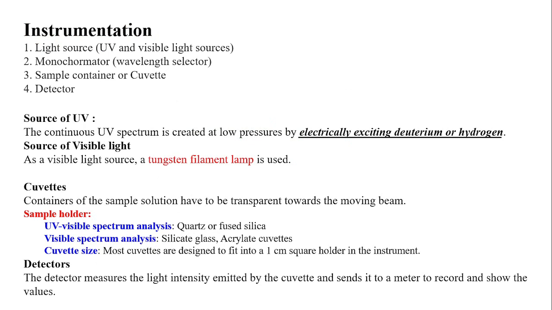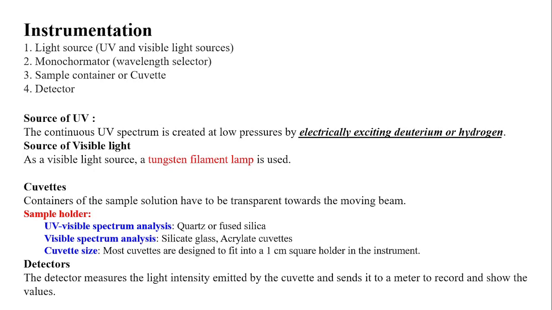These are the basic instrumentation of the machine. First of all, there's a light source which produces UV and visible light. Then there's a monochromator. It selects a specific wavelength that we'll be needing for our sample, and it only allows that specific wavelength to pass through it.